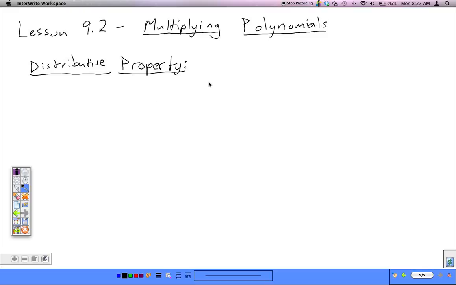What happens in the distributive property is there's a term on the outside of the parentheses, and then there's going to be multiple terms on the inside of the parentheses, just like we have in this example. So in the distributive property, that outside term, which in this case is 4, has to multiply with both terms inside.